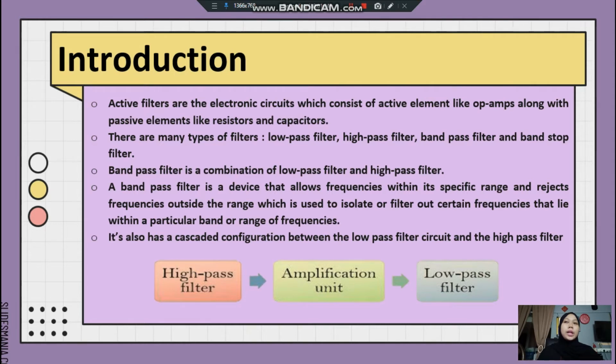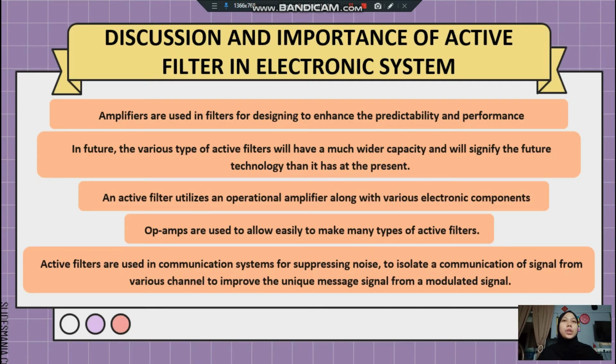It also has a cascaded configuration of the low pass filter circuit and the high pass filter. Here is the block diagram of the band pass filter, which has two cutoff frequencies, the low cutoff and the high cutoff. Okay, the next slide, discussion of the importance of active filters in electronic systems.